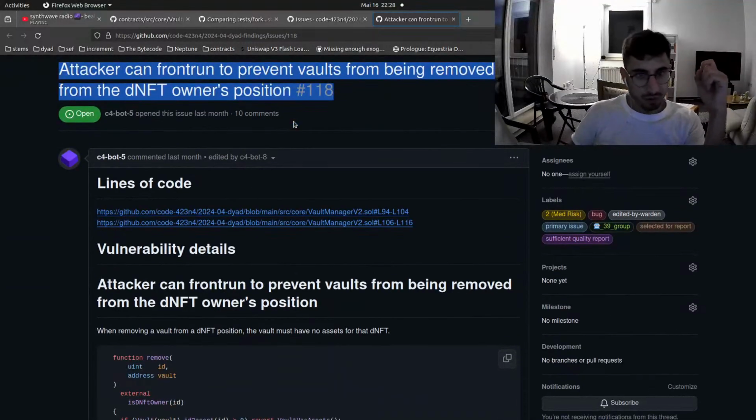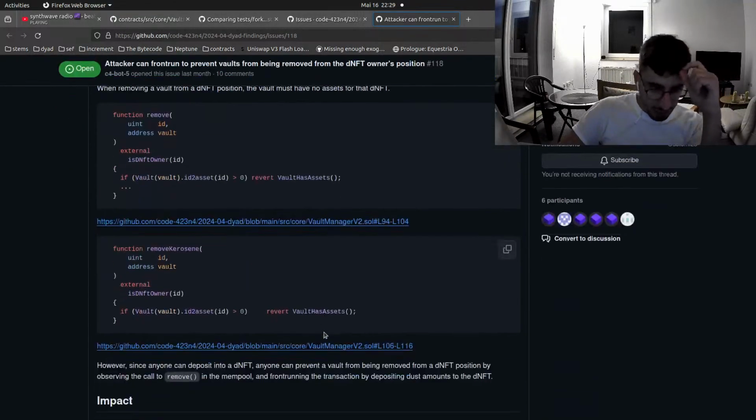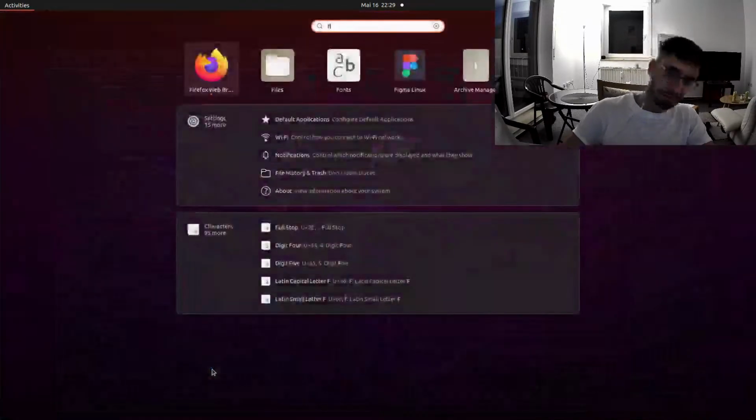Attacker can front run to prevent vaults from being removed. Yeah, this is how citizen can deposit into the NFT.